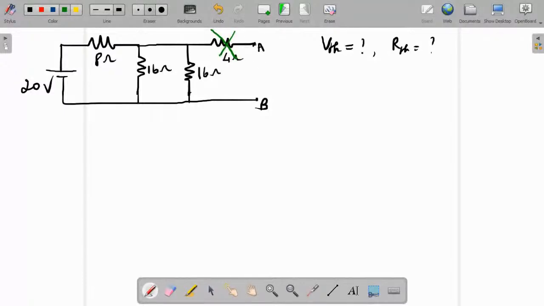Current will not flow here, so we can break it. Then what will be in the equivalent? Only an 8 ohm, a 16 ohm and a 16 ohm. Right, so we have to find with 8, 16 and 16. That's all. Across this we have VOC, the open circuit voltage or Thevenin's voltage.